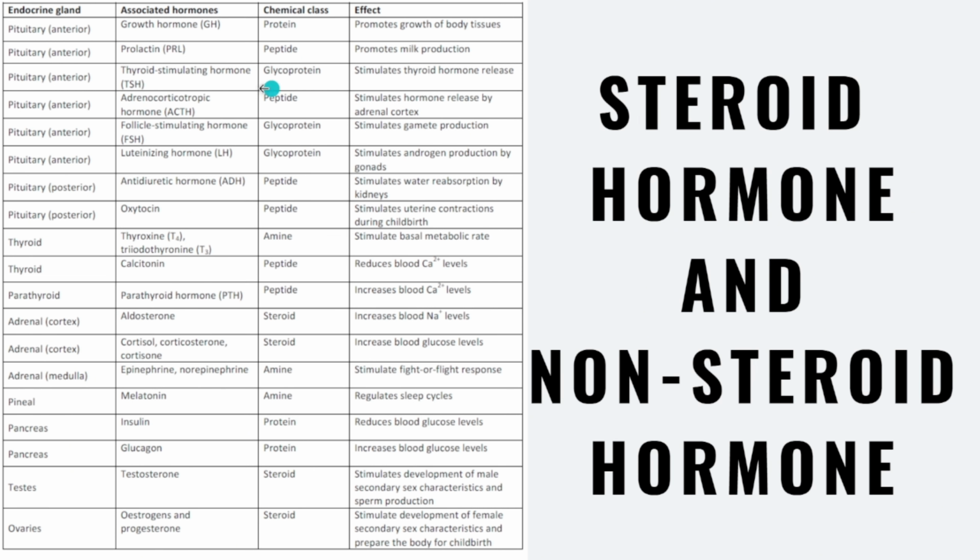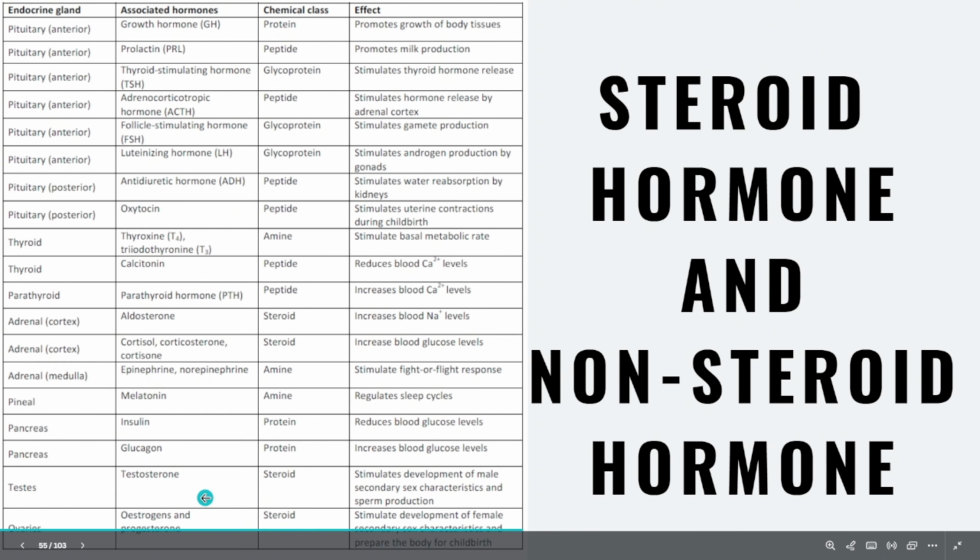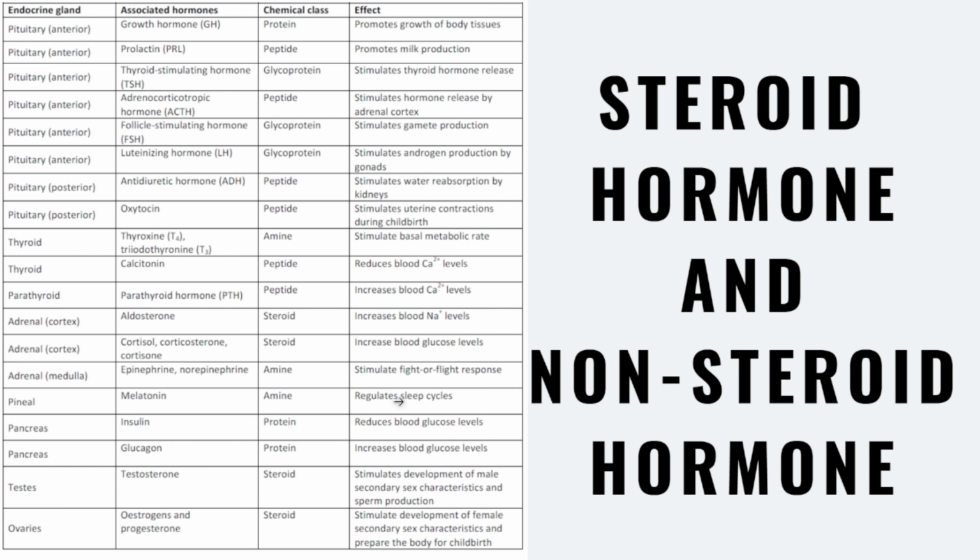Peptide hormones ACTH, FSH, LH, ADH, oxytocin are all non-steroid. Aldosterone is a steroid hormone. Noradrenaline is non-steroid. Insulin and glucagon are non-steroid. Testosterone, estrogen and progesterone are steroid. These are the hormones that you will learn in this semester. Other than that are not in the syllabus.